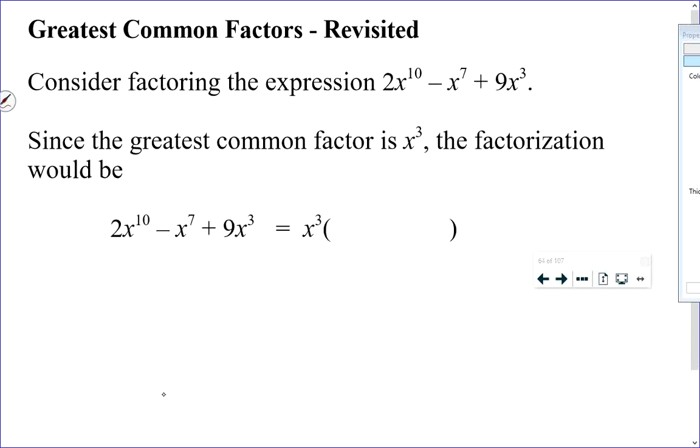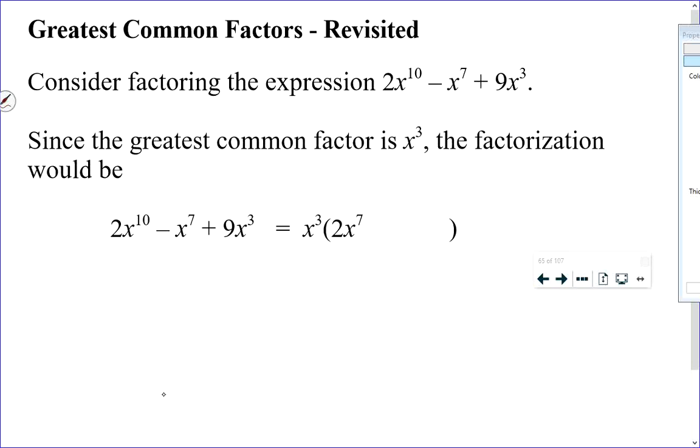So we would factor out the x cubed, and then the way my mind works is I would say that I need a 2x to the 7 in there because 2x to the 7 times x cubed is 2x to the 10. How many of you think that way? How many of you take 2x to the 10 divided by x cubed?